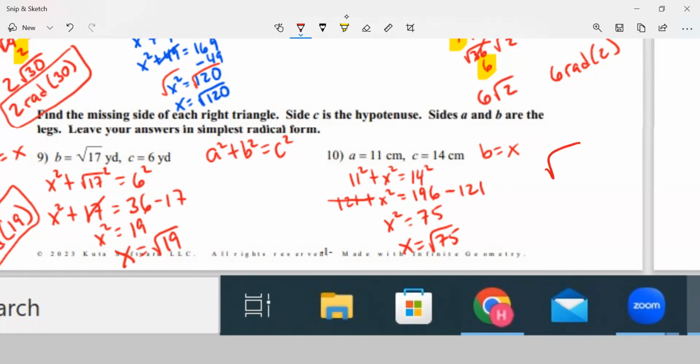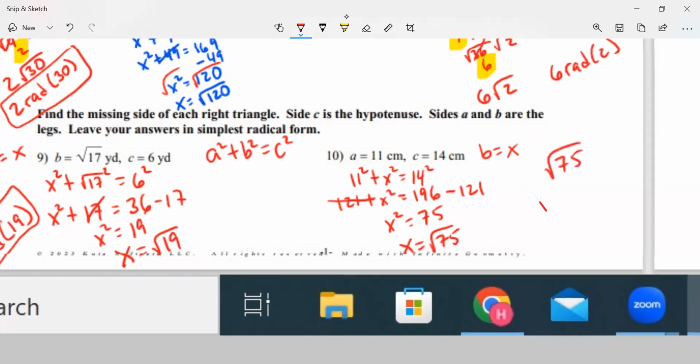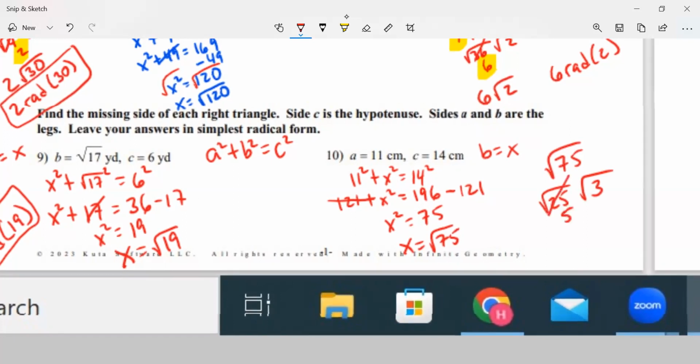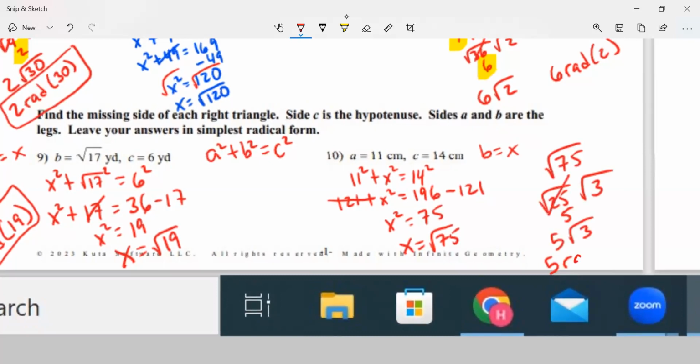So I'm thinking square root of 75. I'm going to break this as 25 times 3. Remember, one of them has to be a perfect square. The square root of 25 is 5. So my answer is 5 radical 3. And the way I type this is 5 rad 3. 5 radical 3.